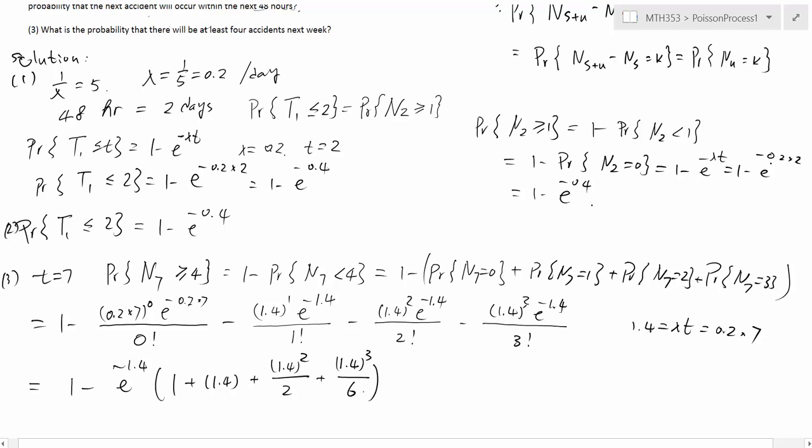And this value, if we use a calculator, is approximately 0.0537.